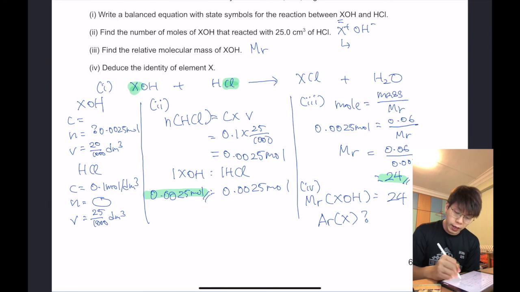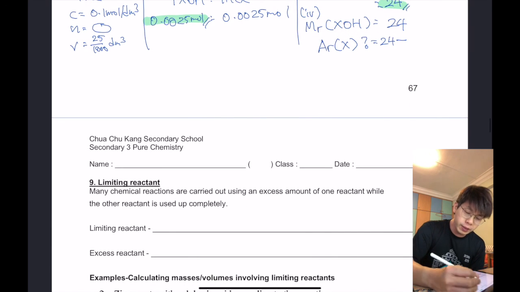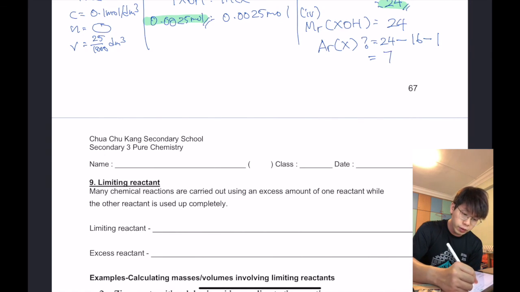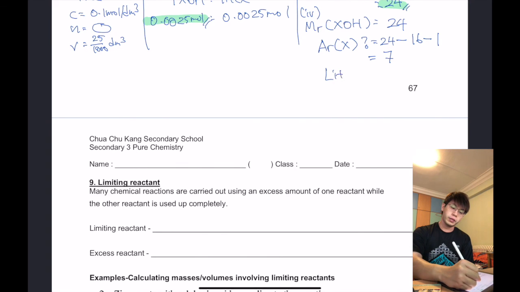We know that the Mr of XOH is the Ar of X plus O plus H. So, this would be equals to 24 minus 16 minus 1, and that would give me 7. So I look at my periodic table and find out which element has an Ar of 7, and the answer would be lithium.